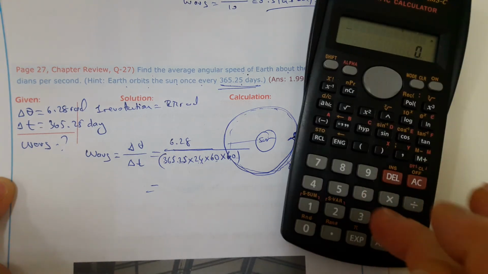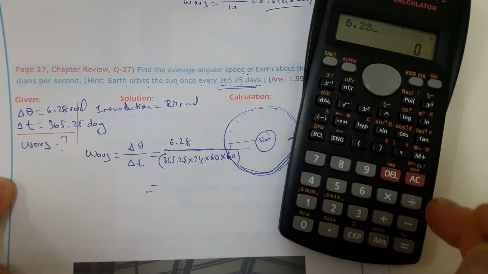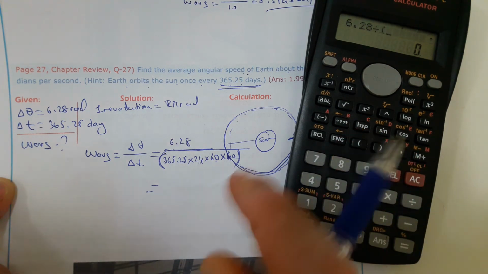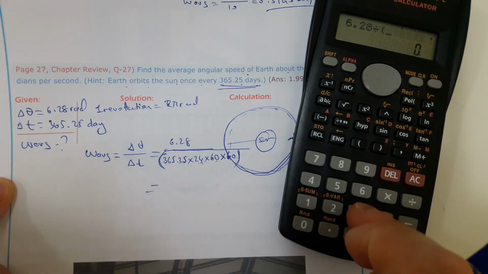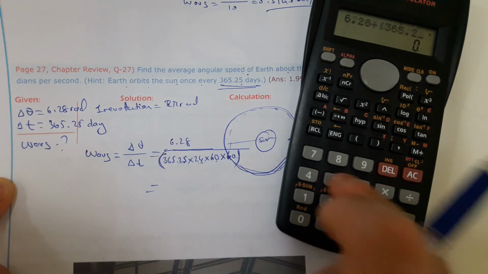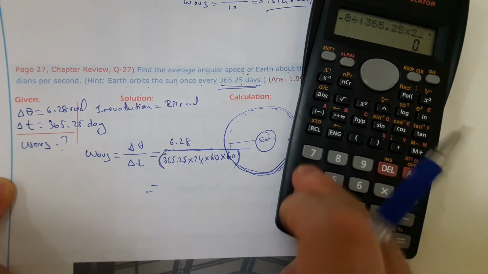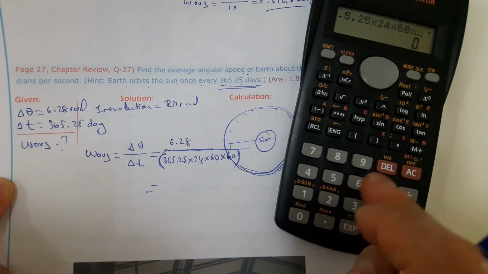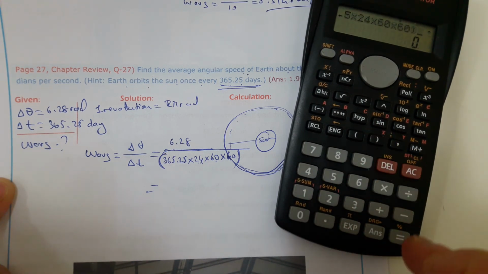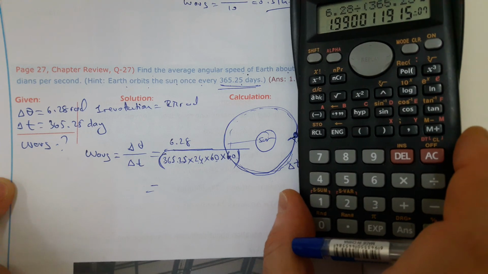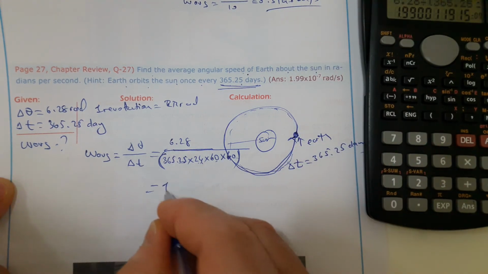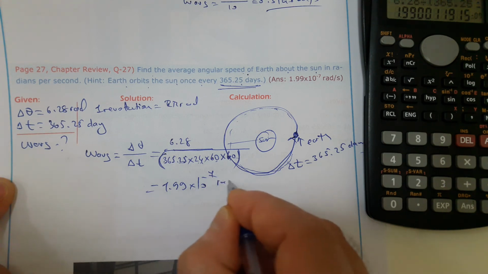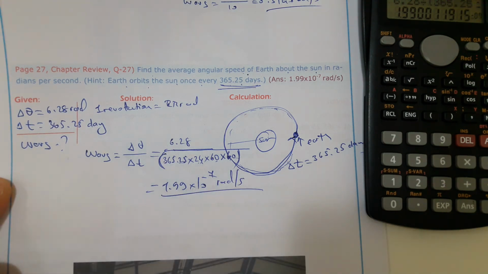Don't forget. 6.28 divided by, but don't forget to put the bracket, otherwise you will get the answer incorrect. 365.25 multiplied by 24 multiplied by 60 multiplied by 60 is equal to 1.99 times 10 to the power of negative 7. 1.99 times 10 to the power of negative 7 radian per second is the answer.